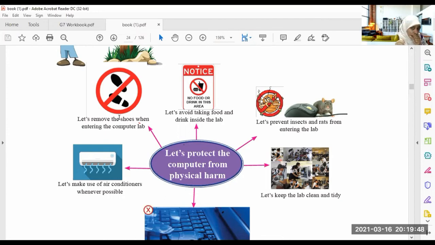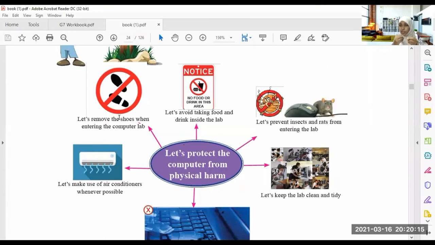Because, okay, sorry. Food means whatever the food. It can be a sandwich, it can be a burger, it can be rice, it can be chewing gum, it can be sweets, chocolate, toffee, whatever the food. Never ever take them inside the computer laboratory. Because when you eat food, without your knowing, you can spill these foods, right?